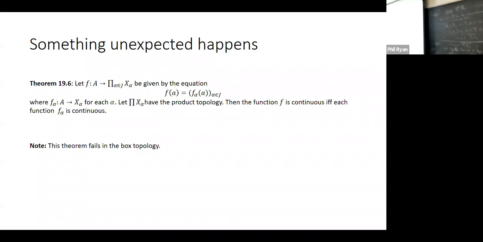Now, remember, for functions that go from the product to another space, there's no good criterion for this. We saw that in the case of R to R squared, for instance, and that this theorem fails in the box topology.